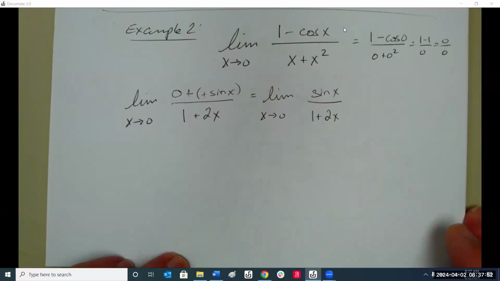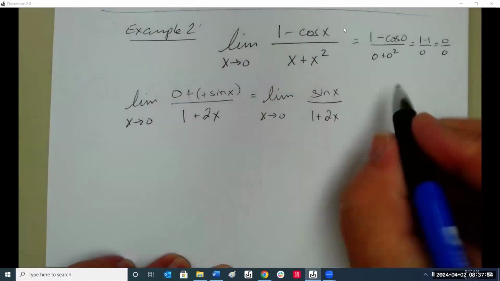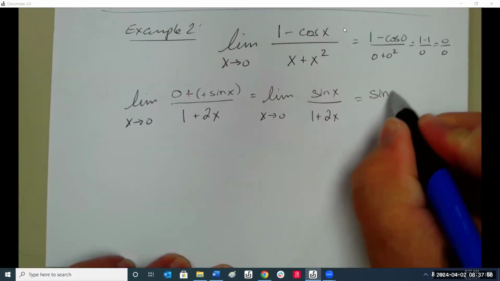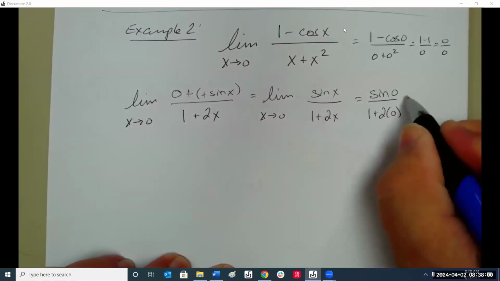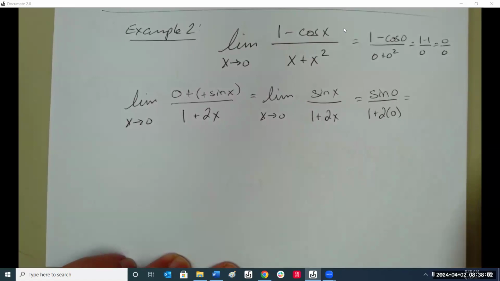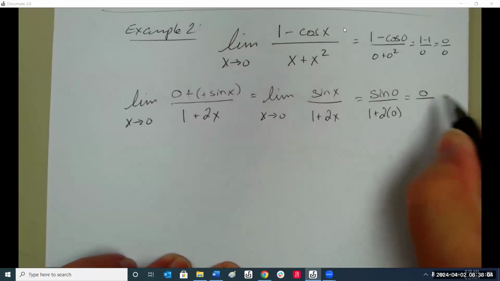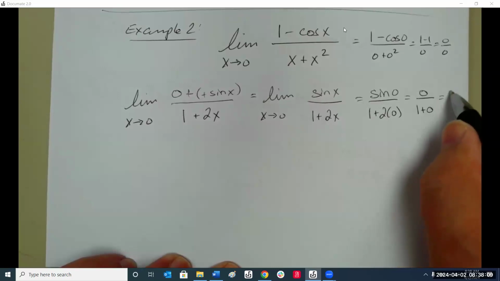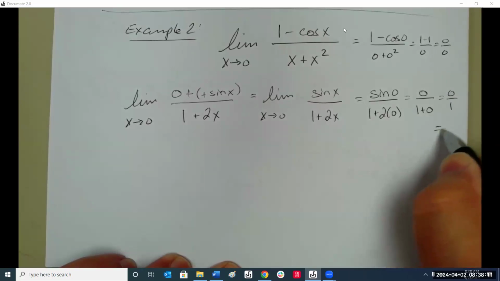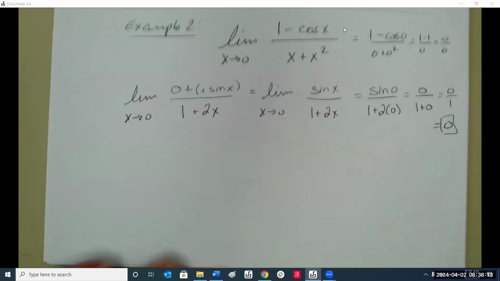So far, so good? Now we plug in 0. Sine of 0 is 0, and 1 plus 2 times 0 is 1. So 0 over 1 is 0. That's the answer.